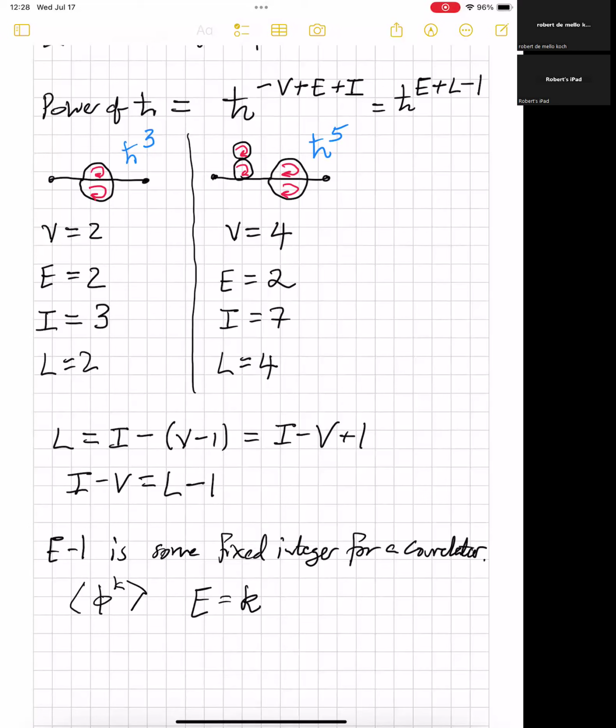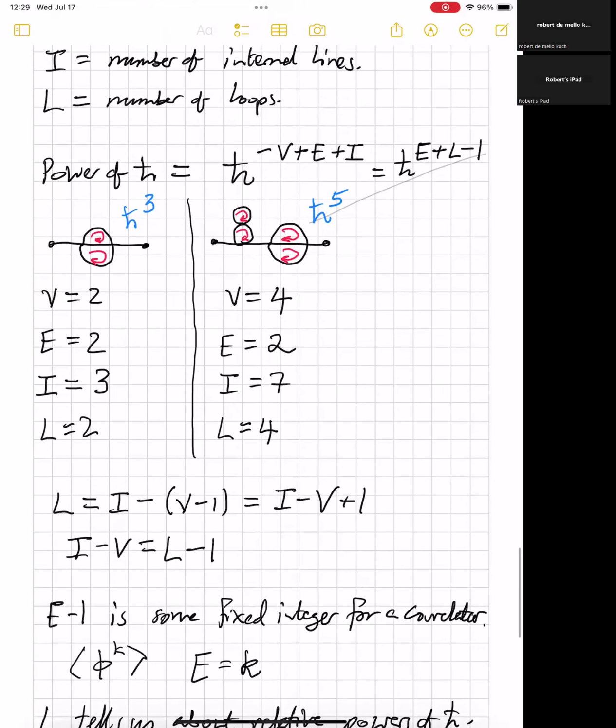The only thing that changes between the different diagrams is the number of loops, L. So what we learn is L tells us about the relative powers of H bar. Okay, so that's why it's so interesting. We are interested in the relative powers of H bar, and that's completely coded into the number of loops that appears in the Feynman diagram.